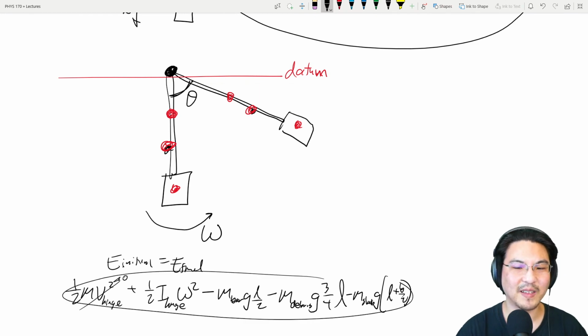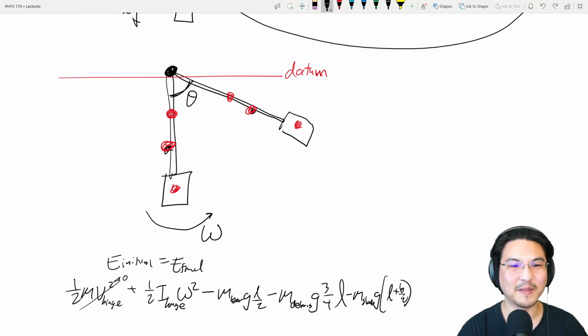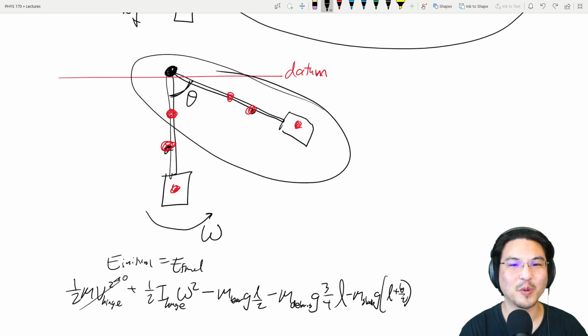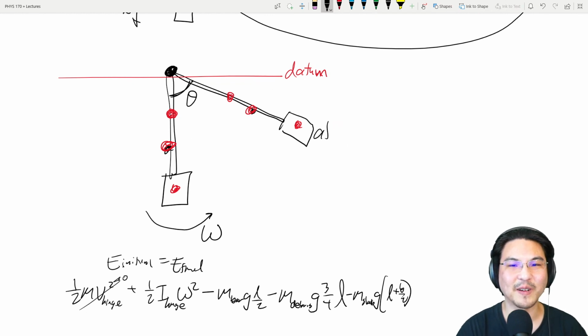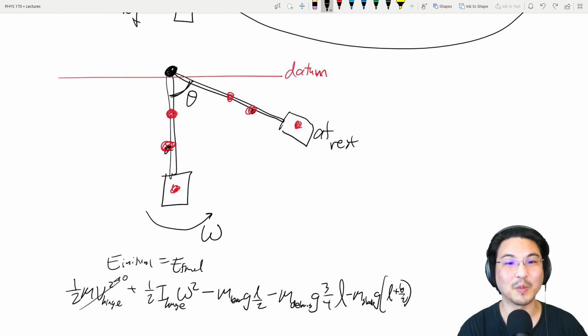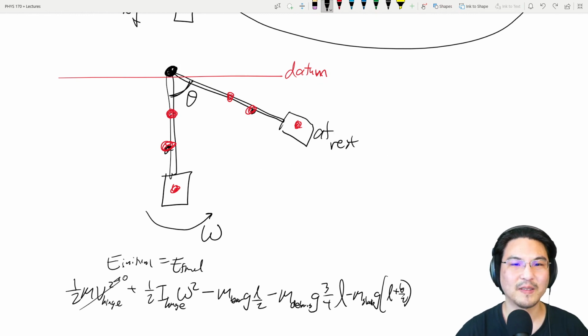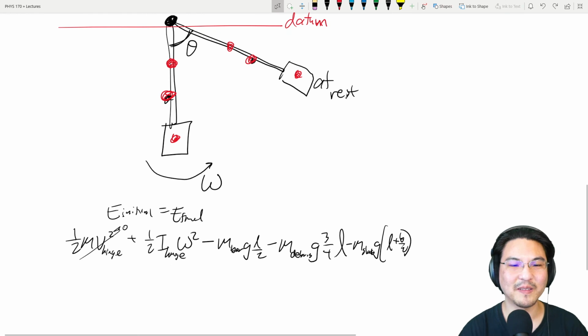Okay, so this is initial, and then final. At the highest point, it's at rest, so the kinetic energy is 0. So after it swings, final, it's just gravitational potential energy, right?